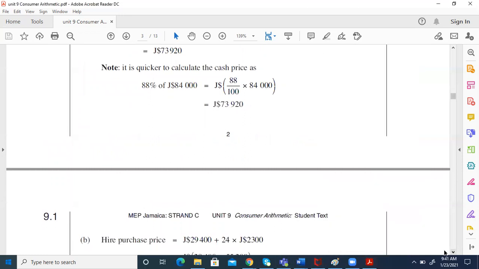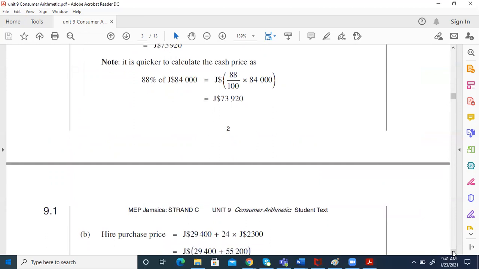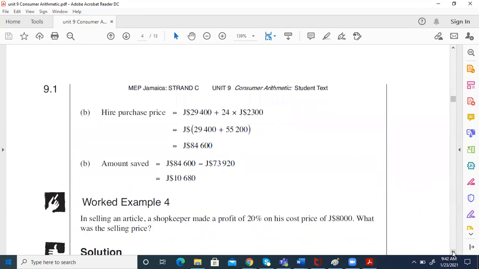All right. So we have the higher purchase price as described before, the deposit plus 24 times the 2,300 as described, and then the difference is the amount saved.